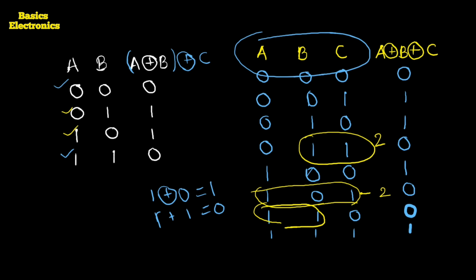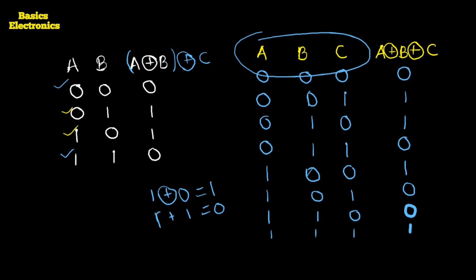See here this entry where only C is equal to 1. When C is equal to 1, only one input is there, so therefore with an odd number of high inputs the output is equal to 1. Then the next entry, here too an odd number of high inputs, output is equal to 1.